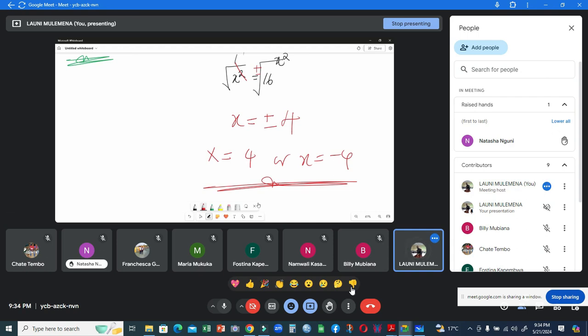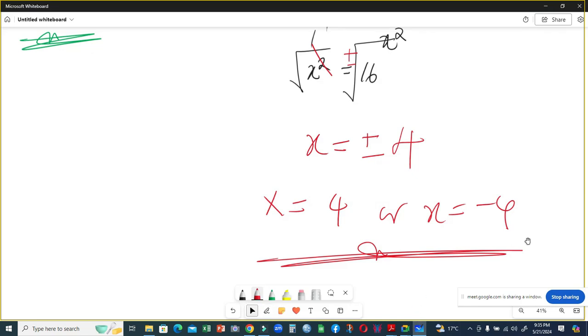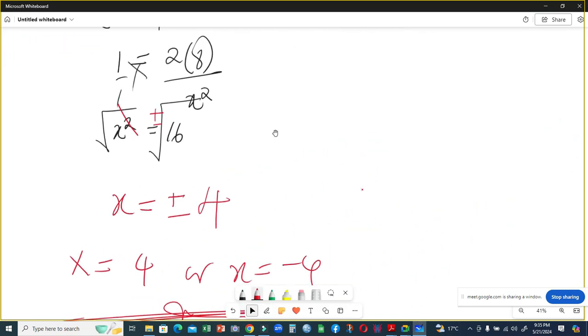Yes, Madam Grace. Sir, can you solve this one without introducing the square root? Okay. If you solve it without introducing the square root, you can lose a mark. You can only find the value of 4 where you enjoy using the concept of indices, where we will have x squared is equal to 16.